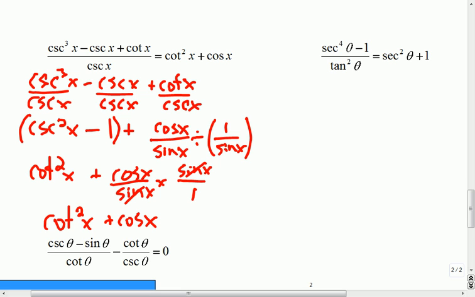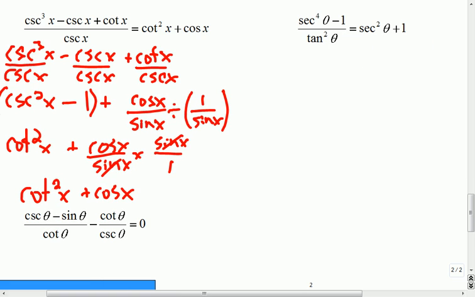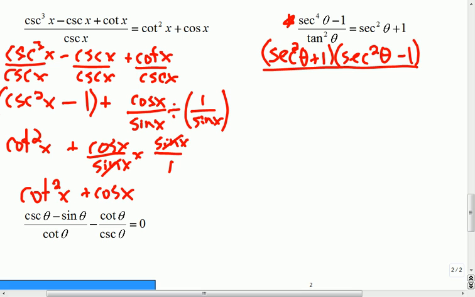Okay. Can I just see, have people had a chance to finish the 4th one? Okay, I'll do the 4th one, and then I know you haven't seen the 5th one yet, so the 5th one's visible in the corner while I work out the last one. In this case, again, it's almost a giveaway that if there's an exponent like to the 4th, especially to the 4th minus 1, it's going to be one where you're going to need to factor. So it'll be secant squared plus 1, secant squared minus 1, all over tangent squared theta.